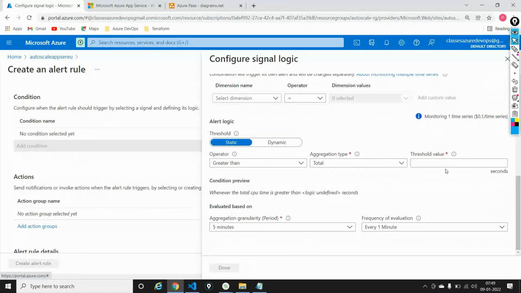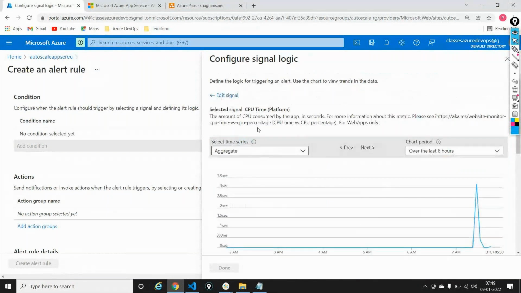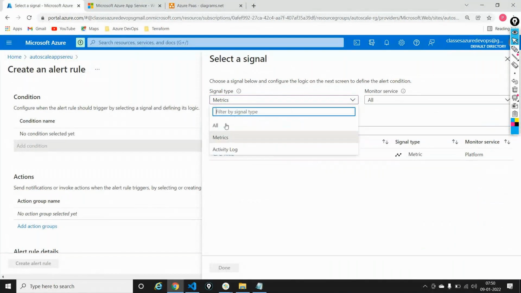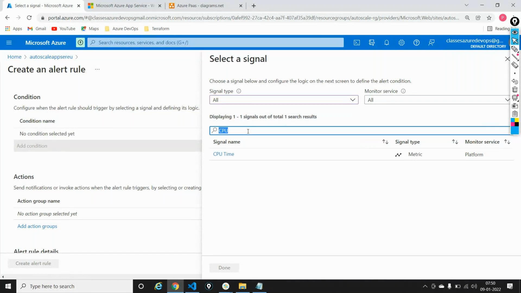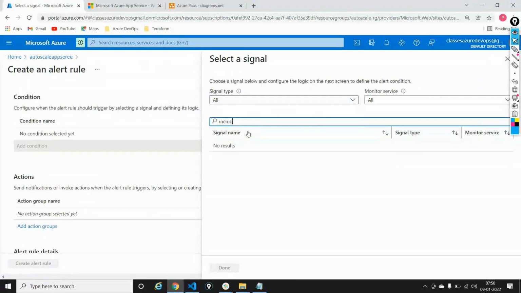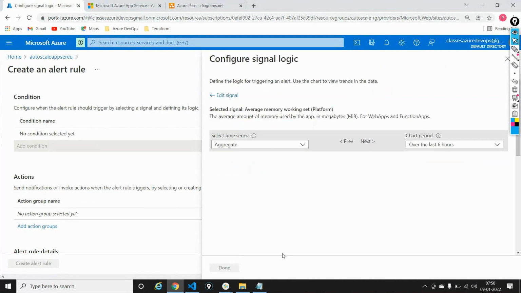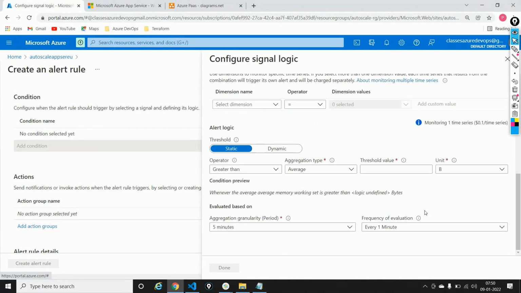Or with another signal, like the average memory working set, if this goes beyond a point, say beyond 1,000 bytes, I can say give me an alert, send me an email, or do something. This is something that I can configure in the alerts.